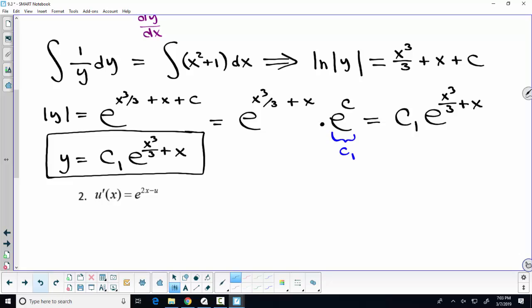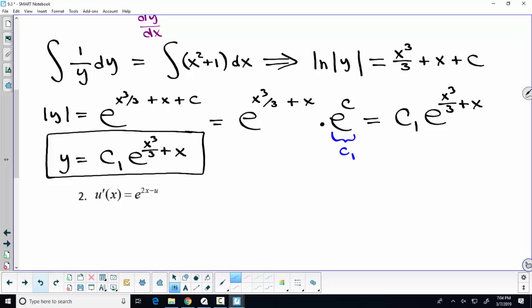And the constant does need that subscript 1. It doesn't really matter. If we would have chosen our constant up here to be C1, then we could just call that C. You could call it A or K or whatever. My math lab would say use C1, C2, C3, etc. for constants. So I think as long as you type in C or C1 or C2, it'll be okay in the homework.